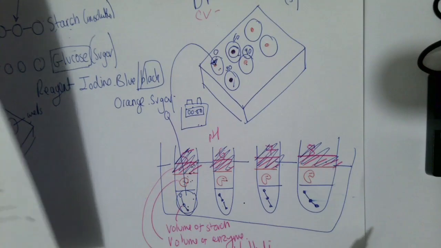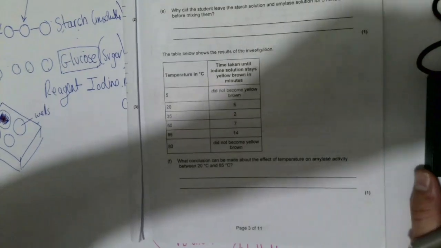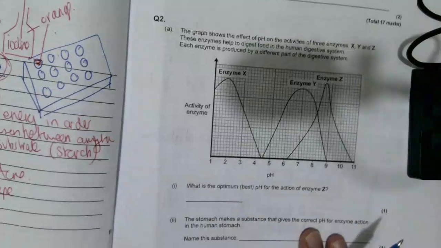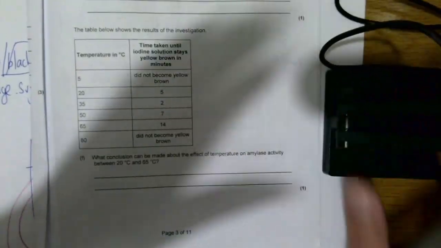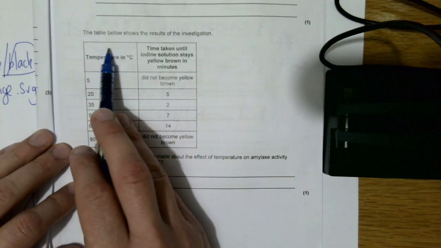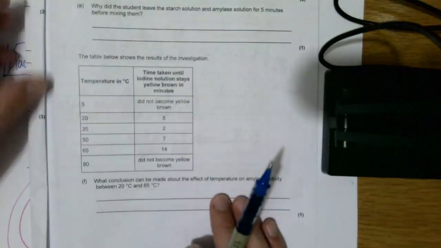Now, a common question that you will see is, this is what was completed in the masterclass, but we've got a lot of doodlings on there from the masterclass earlier. So I'm going to just explain what the question says on the other side. Table below shows the results of the investigation. The investigation prior just shows you what I've gone through.